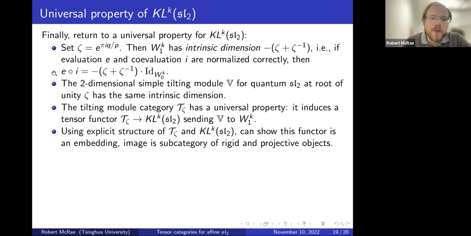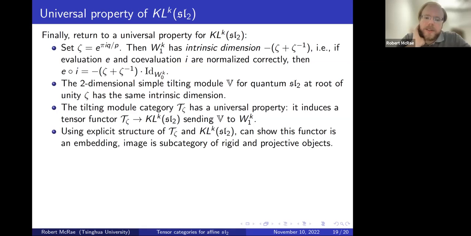That means, again, if you do this composition of the evaluation and the co-evaluation, they have to be normalized to give you rigidity. If they're normalized correctly, then you can compose the two together to get this scalar multiple of the identity. That's called the intrinsic dimension, and it's the same as the intrinsic dimension of the two-dimensional simple tilting module for quantum SL2 at a root of unity.